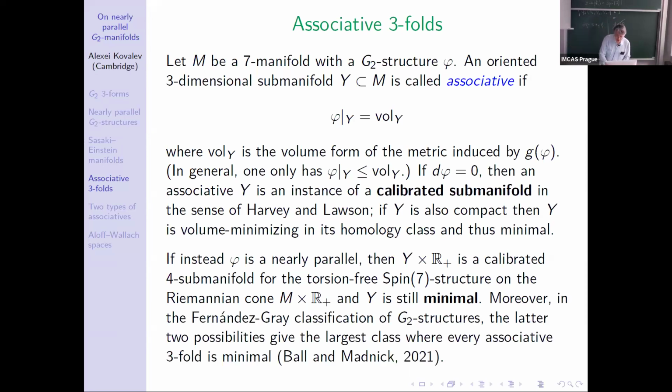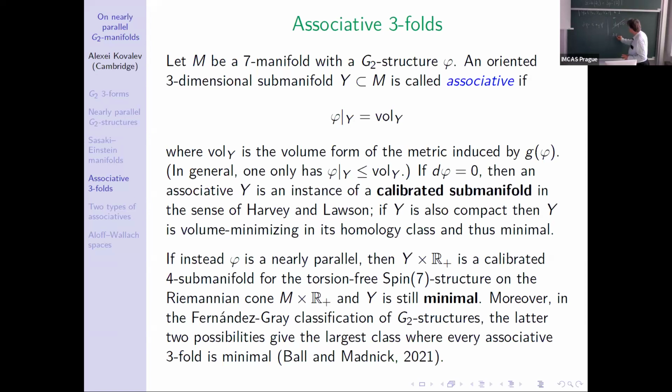Now, a bit more is true, to make this last remark a bit less arbitrary. I mentioned Fernández's great classification of G2 structures. The largest general family of G2 spaces where every associative is minimal is exactly the union of nearly parallel ones and torsion-free ones.